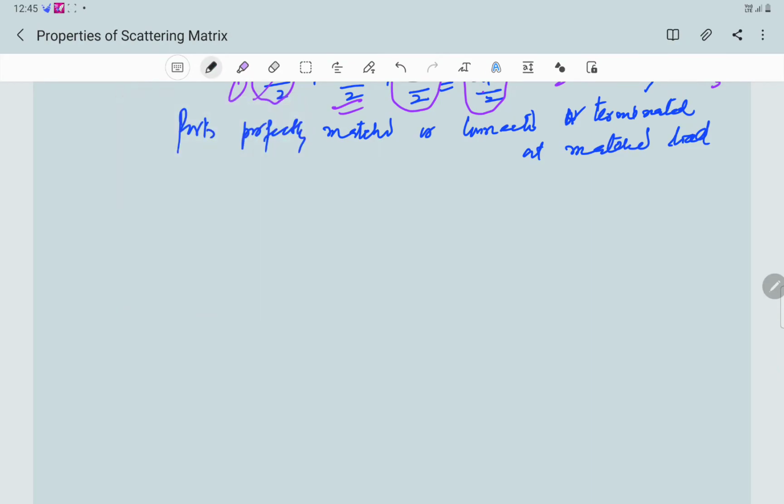So my S transpose into S conjugate is nothing but a unit matrix, n cross n. If the order of matrix S is n cross n, then the unit matrix will have the same order.